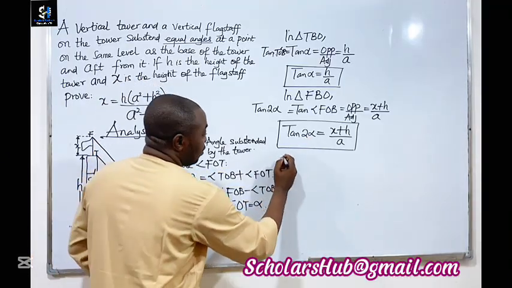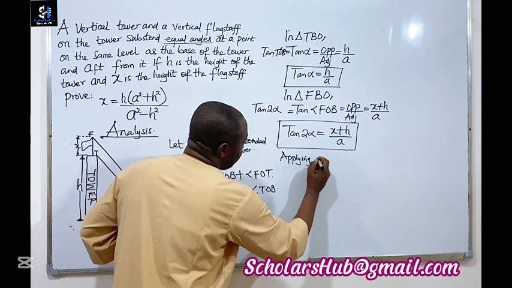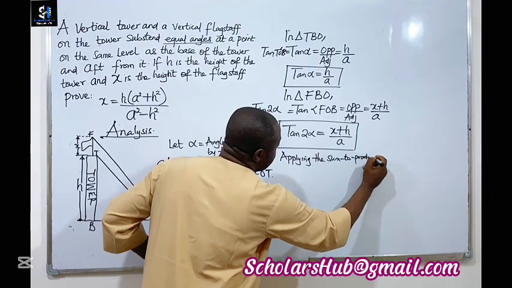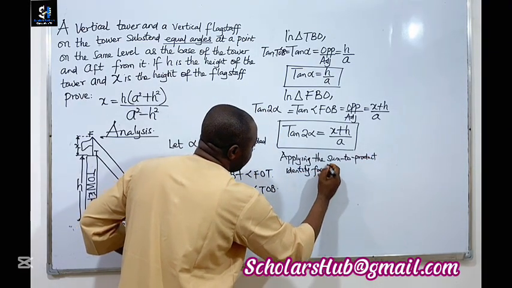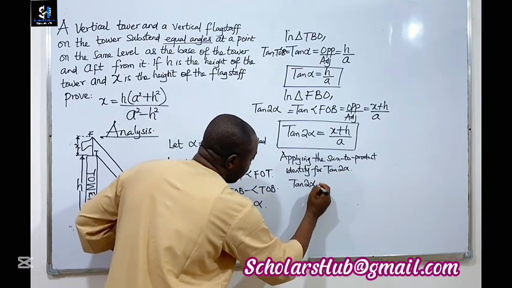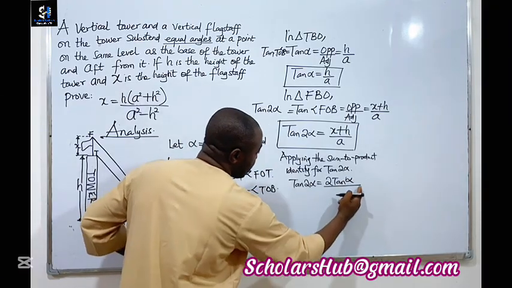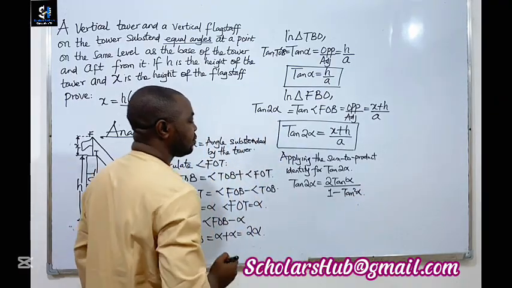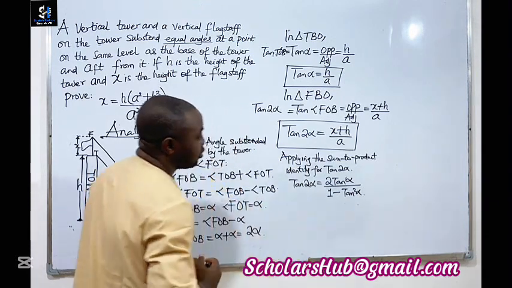Applying the identity, we know that tan 2 alpha will be 2 tan alpha divided by 1 minus tan squared alpha. And we know that tan alpha is what? h over a. So let's substitute.